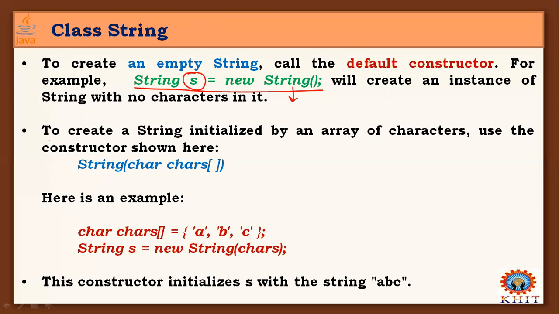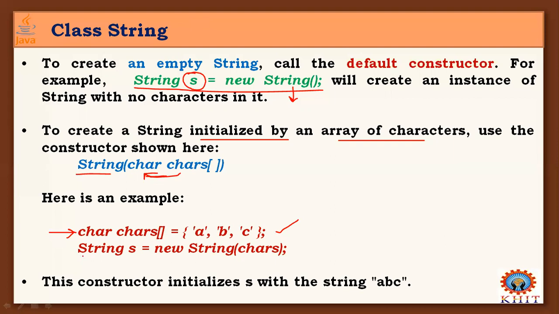Next one, to create a string and initialize it by an array of characters, we use this type of constructor. String takes one character array. First, you need to define one character array with some length, and characters that are initialized into that array.